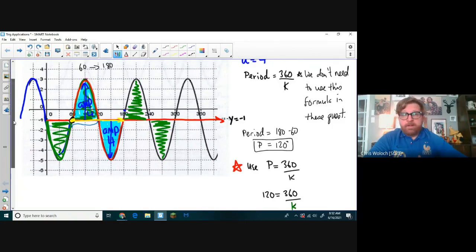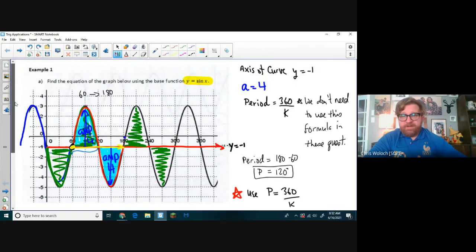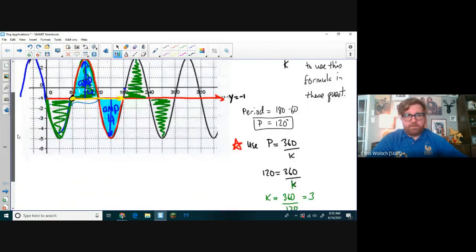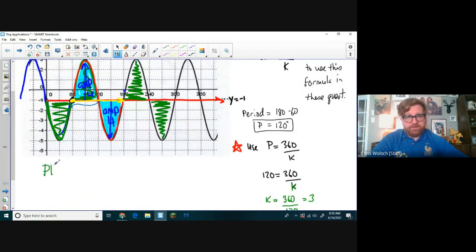Okay. So I have the A value, I have the axis of the curve, I know my period, so then I got the K value. And then the last thing we need to do is just figure out the phase shift. And if I look here, what's my phase shift? Well, remember, the regular sine starts here, and all I've done is I've shifted it.